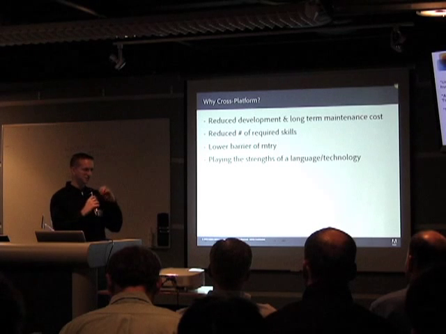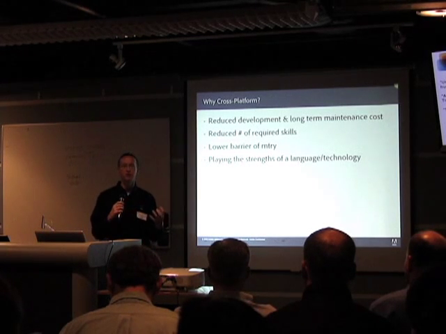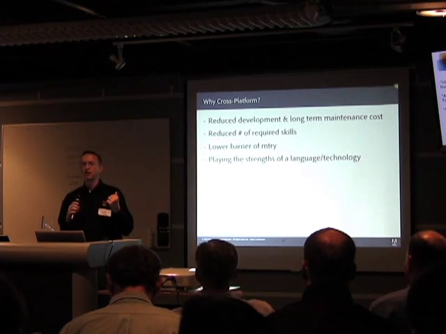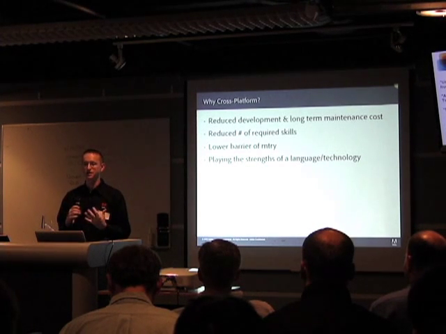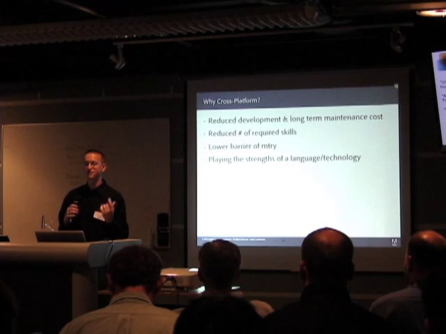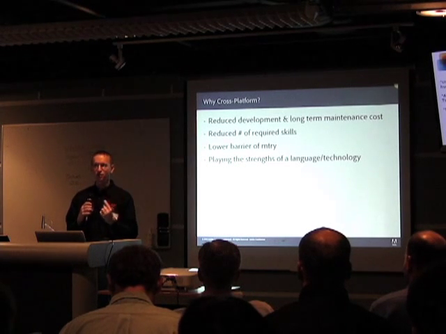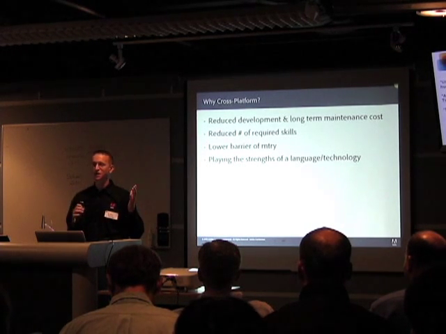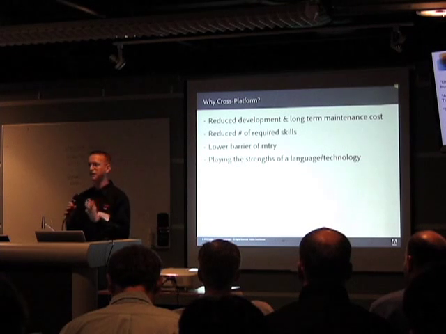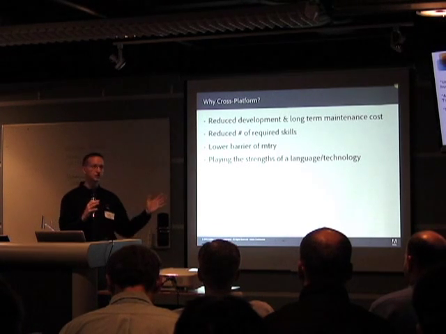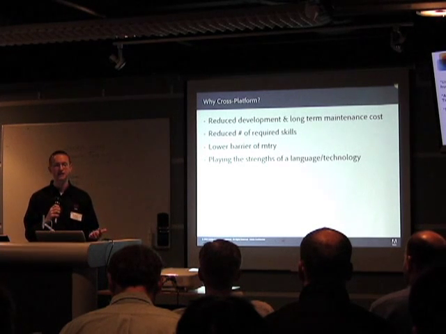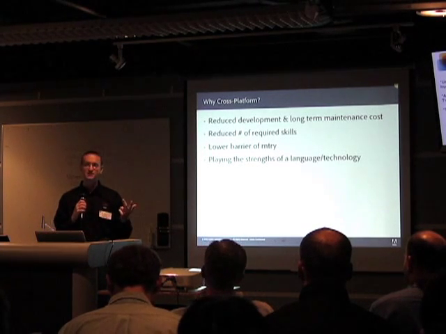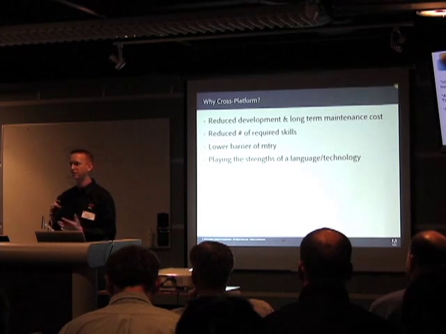Before we get into the specifics about the technologies, why do you want to go the cross-platform route? It essentially comes down to long-term maintenance cost. Cross-platform allows you to have a single code base targeting multiple devices. Because of that, you'll only have one bug tracking system. You still have to do QA on a lot of different devices, but you have one bug tracking system, one code base to maintain, and a reduced number of skills in order to target multiple platforms.